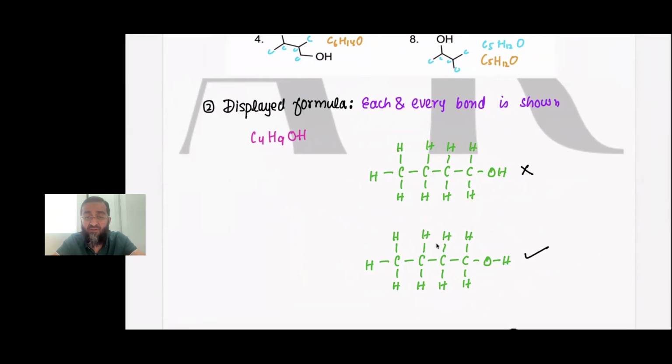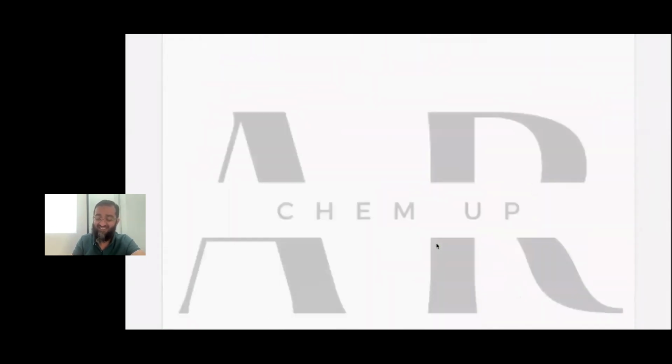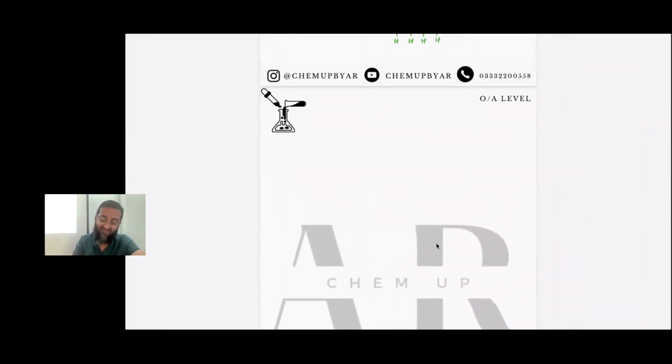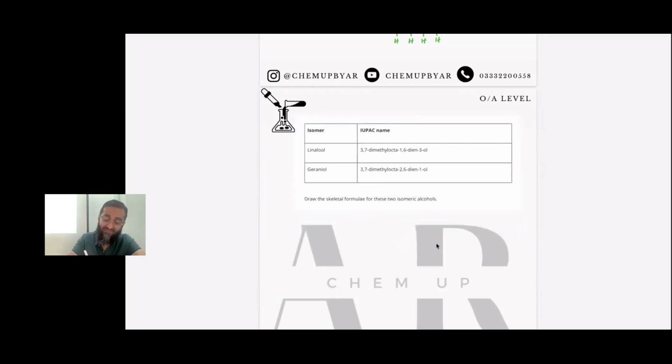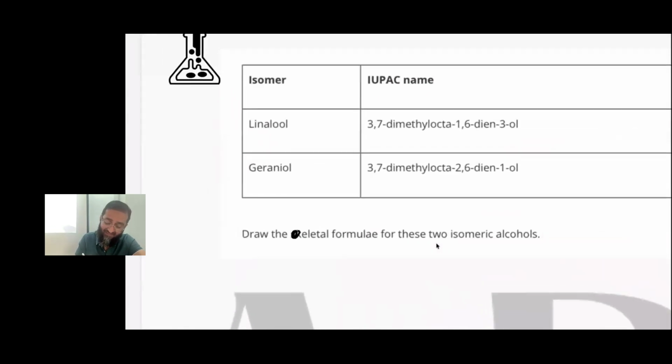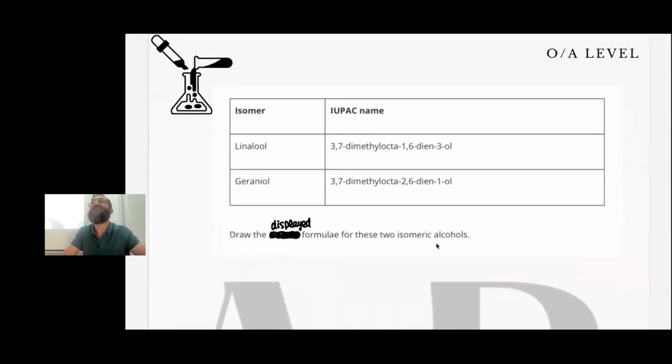Now I've got a good task for you guys. The task is to draw the displayed formula for these two isomeric alcohols.